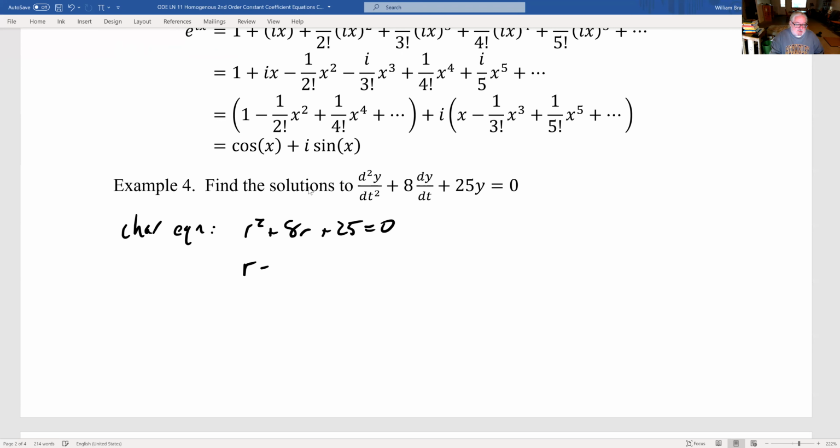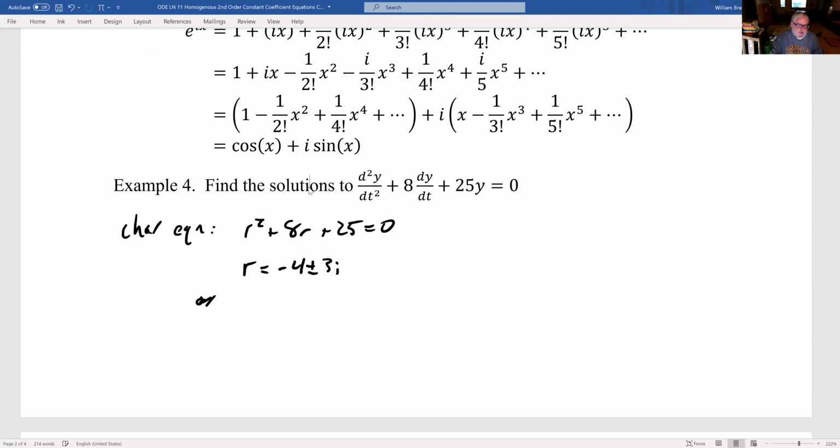And we found that the solution was r equals, I don't entirely remember what that is, minus 4 plus or minus 3i.